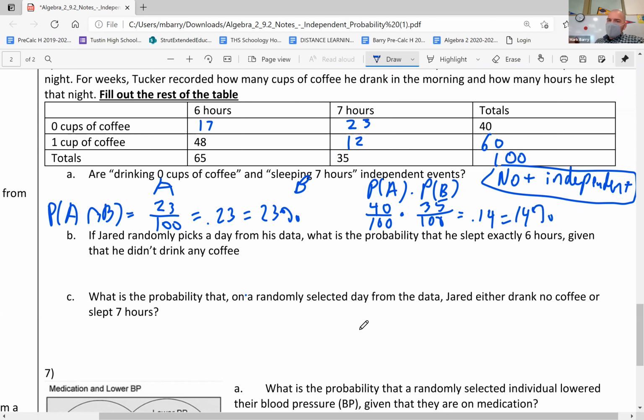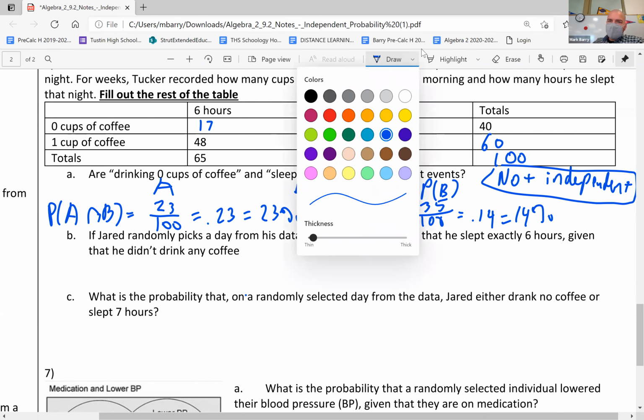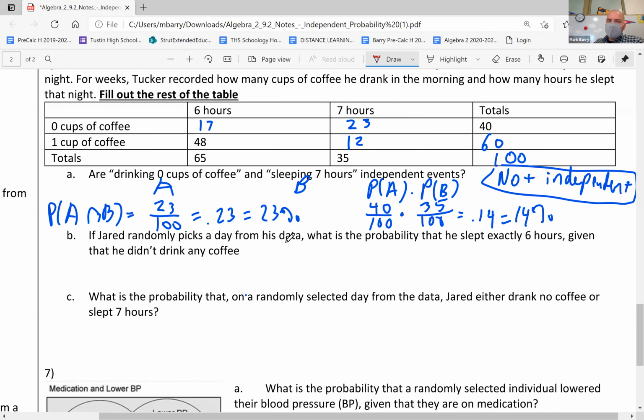It's only independent if those two probabilities come out exactly the same, okay? All right, so that's testing for independence again, but now on a table.